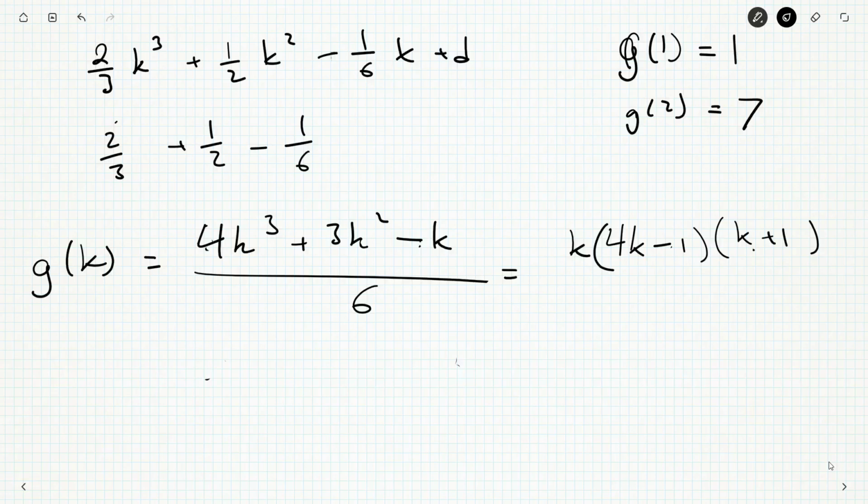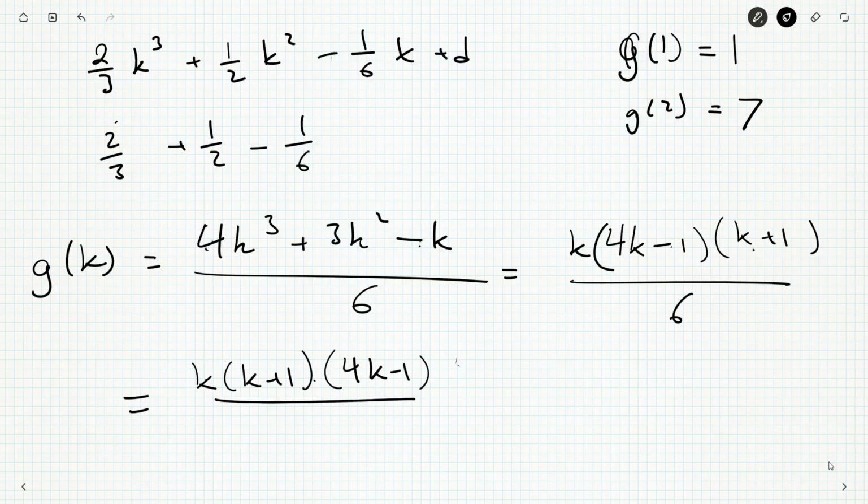Good, good, good. All right, that all over 6. Okay, great. So I managed to get a closed form. So that's what f of 2k looks like. And that's wonderful. I love it.